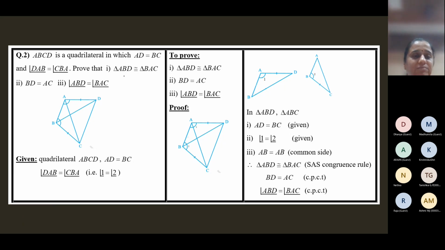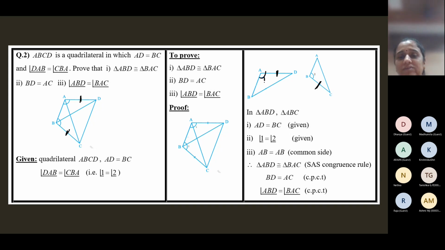And the other triangle is BAC, this one. Don't ignore this line segment. You can see the full angle here. And AD is of this triangle, BC is of this triangle.